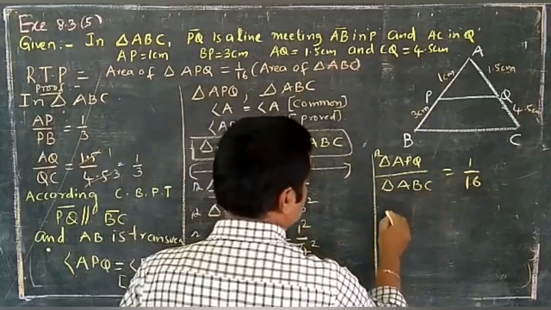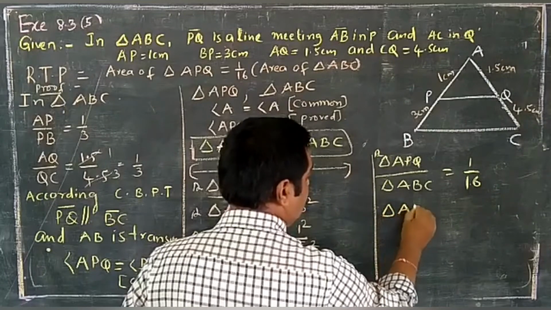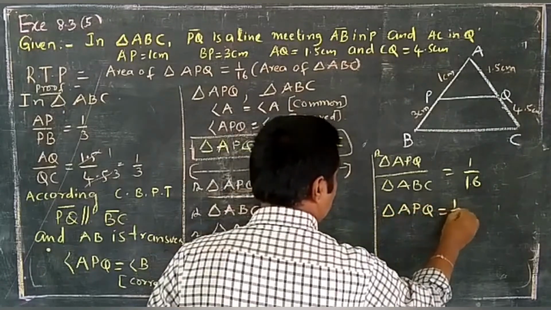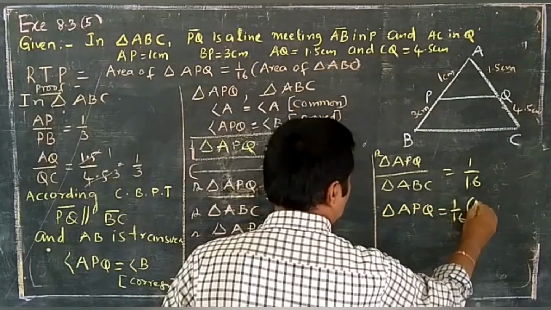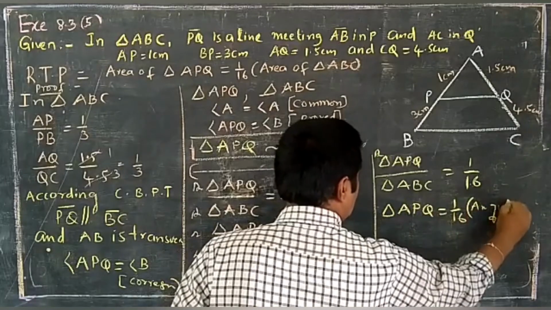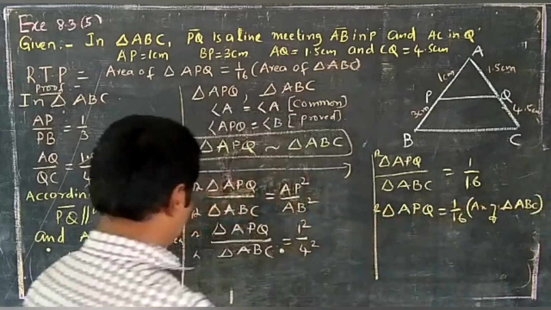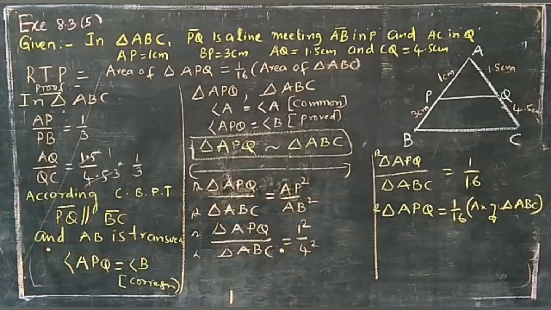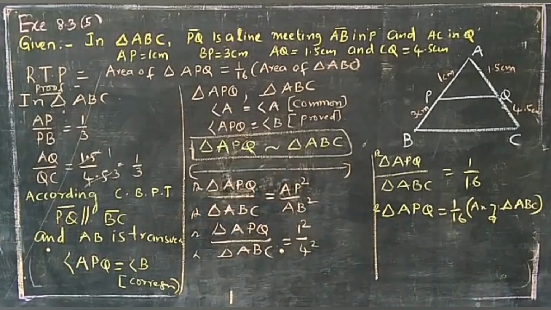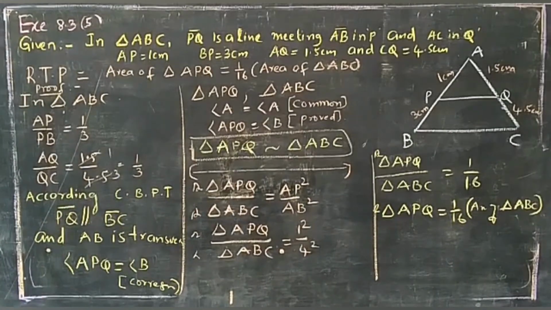Shifting the area of triangle ABC to the other side, we get the area of triangle APQ is equal to 1 by 16 of the area of triangle ABC. Then this is the clear statement. Have you understood? Note it.